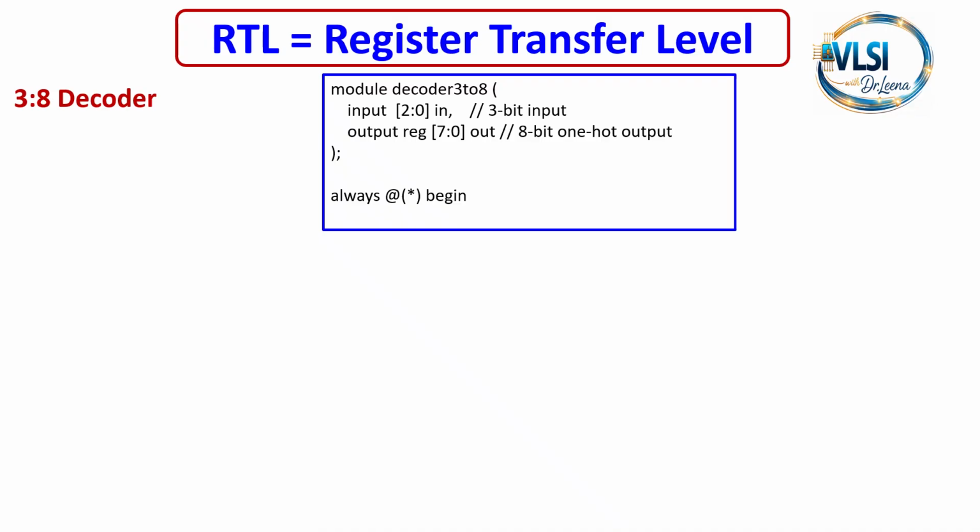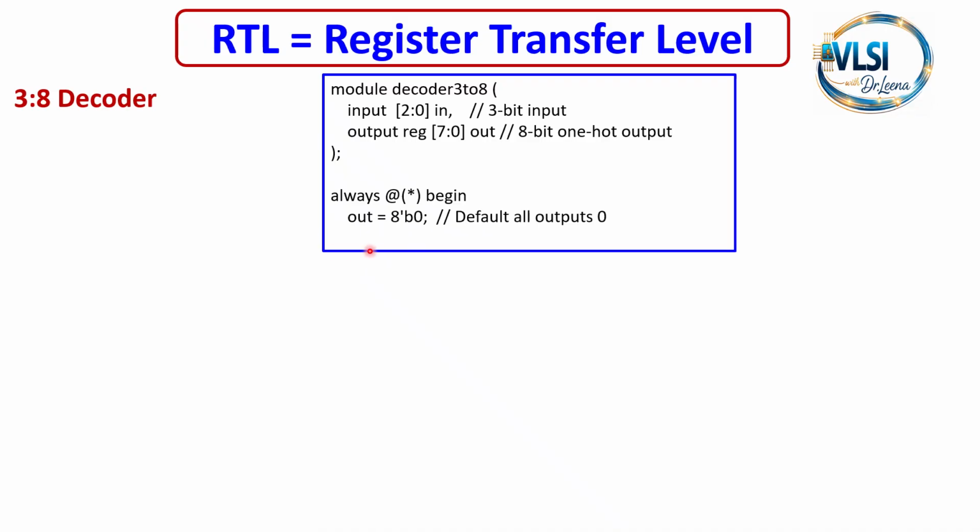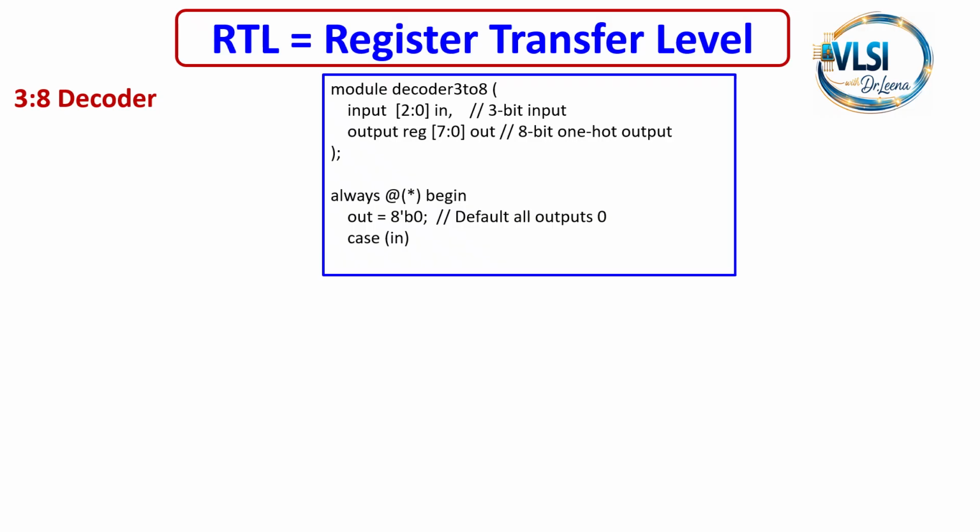After this, the next step is out equal to 8-bit binary 0. Initially we are making the 8-bit output 0. This prevents latch creation.